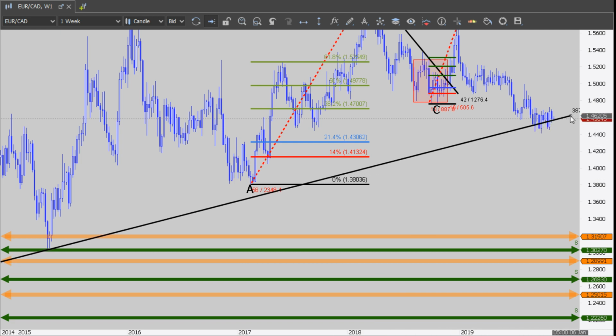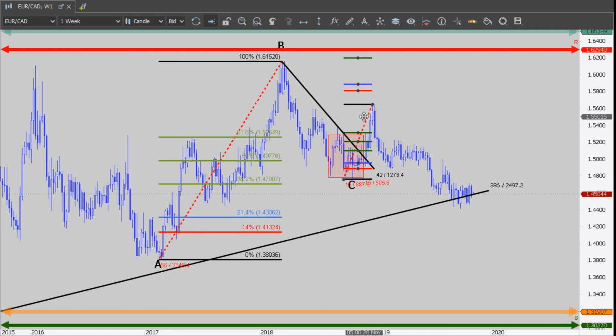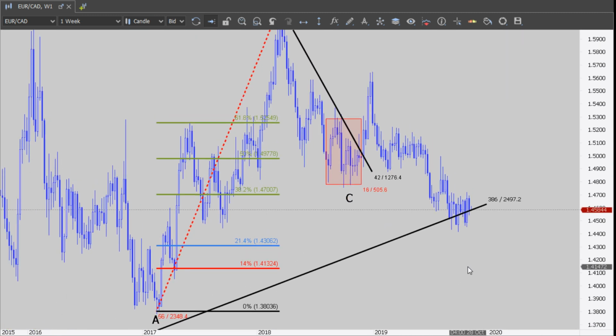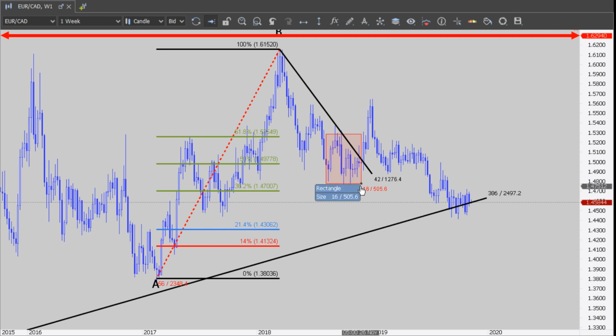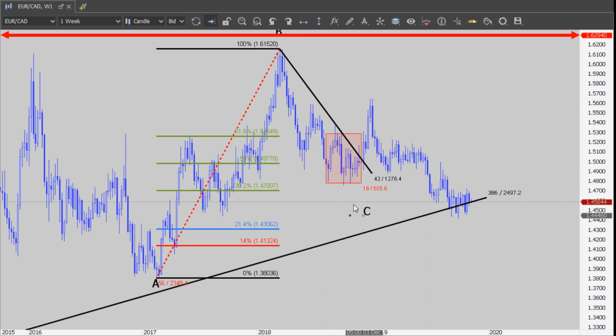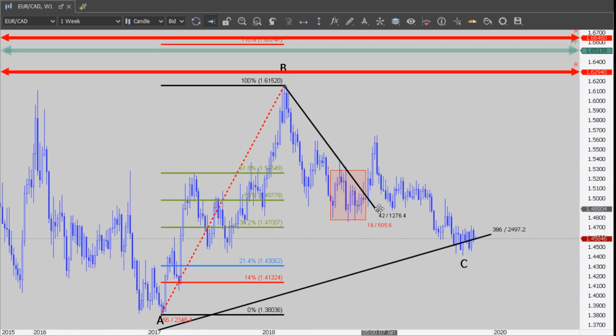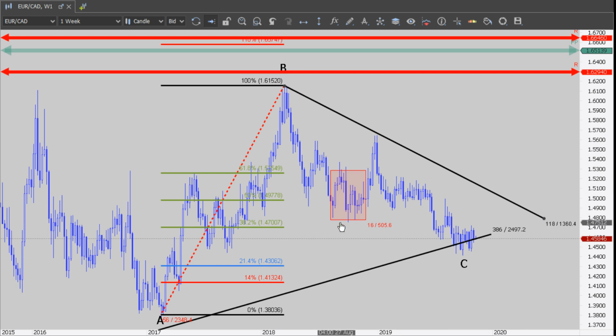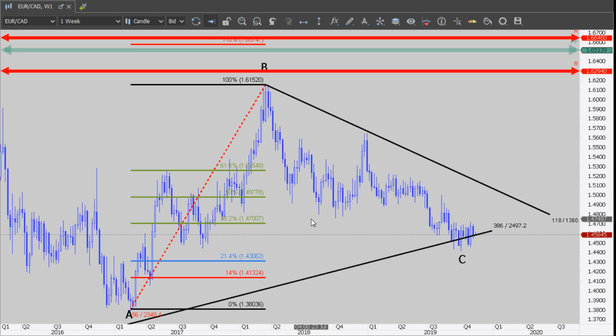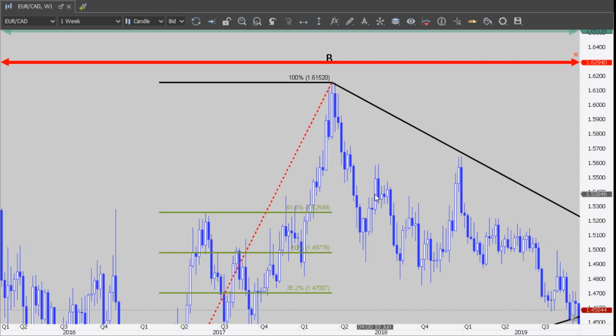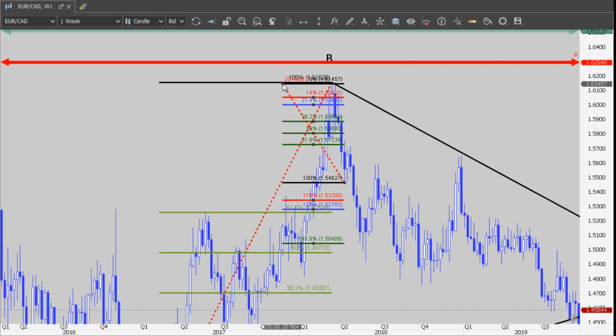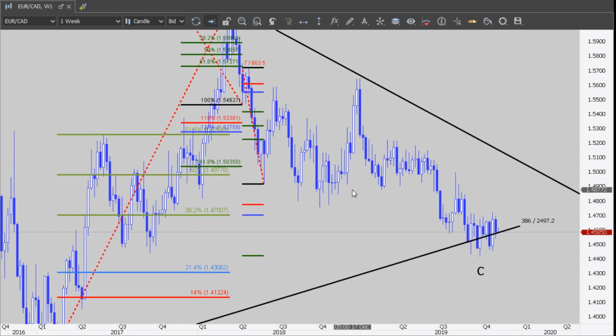So this is the uptrend line. We are here. We don't have the Fibonacci of the confirmation. So this is our C. This is the long-term downtrend line. Let's check if we have a confirmed C. So this is going to be the first contrarian Fibonacci and the second contrarian Fibonacci, right?